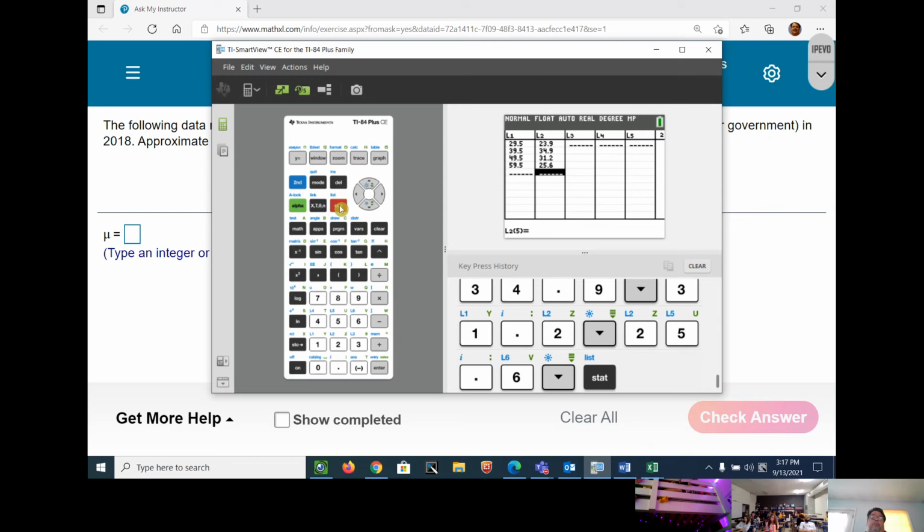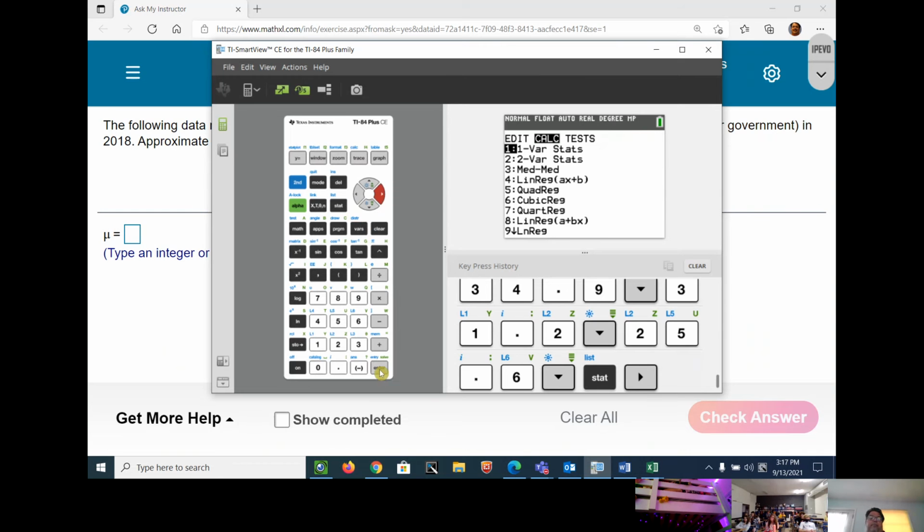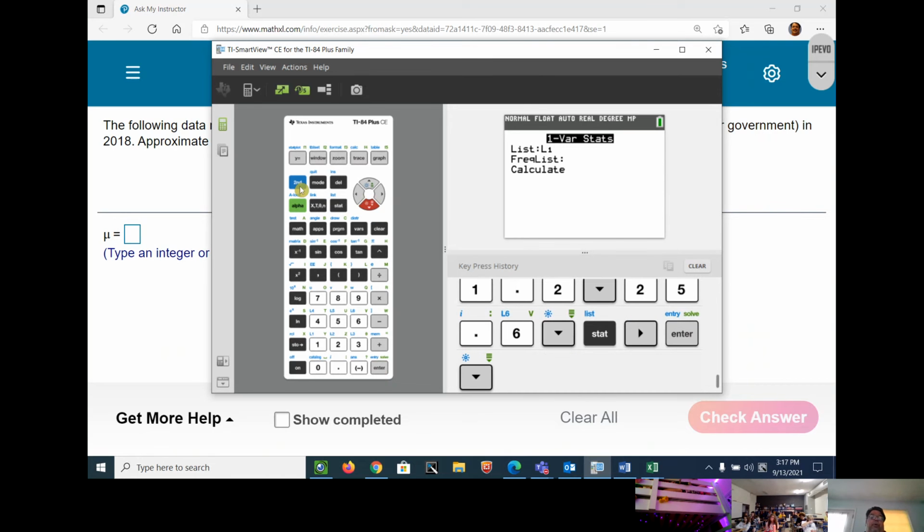Go to stat, first variable statistic, calculate, put in a frequency list, L2, which is second 2, and calculate. And there's your x bar, which is your mean, 44.56, and your standard deviation is 10.518.